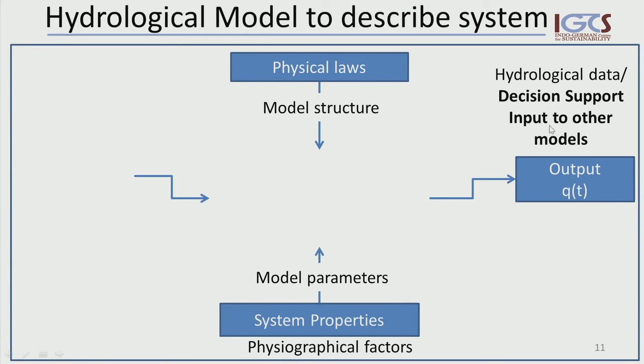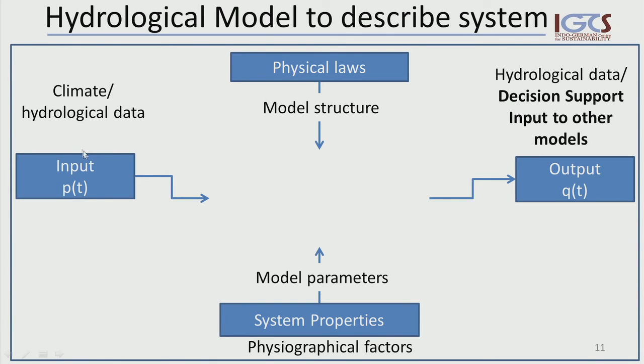And such an input, for instance, when we just look into hydrological models but want to do sustainability analysis, has to be combined as an input to other models which can incorporate social and economic aspects of water use and water utilization.